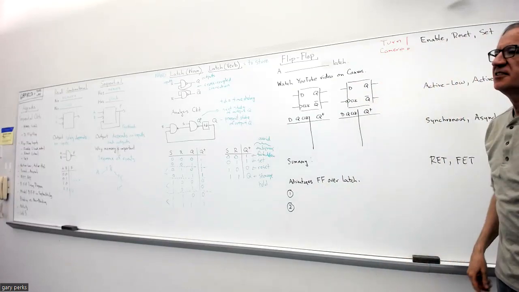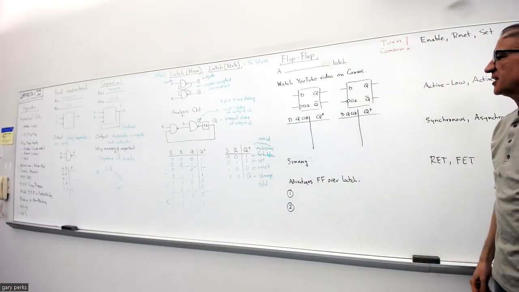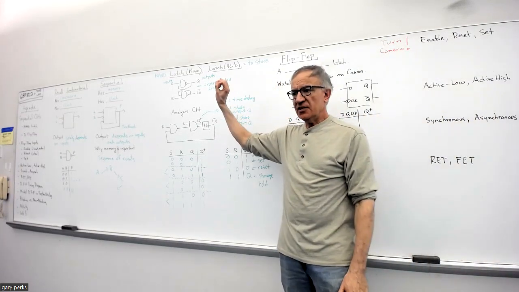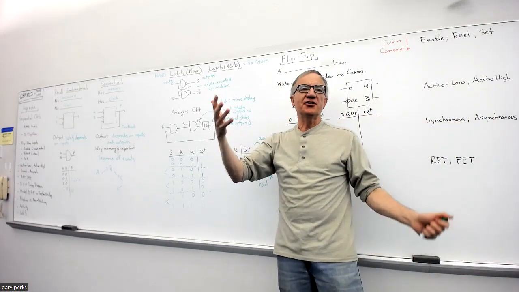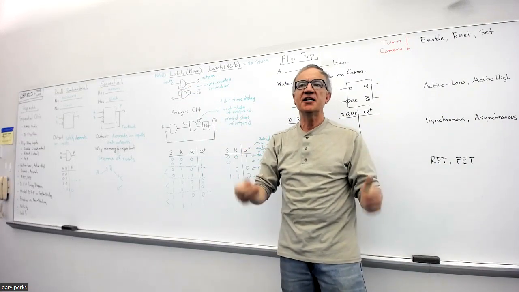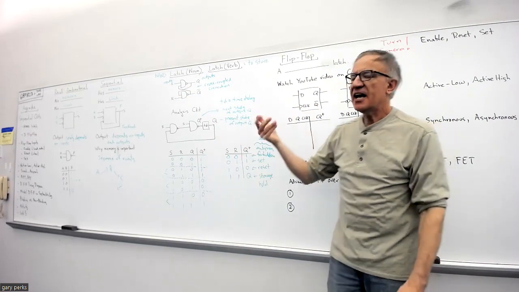Okay, so I think it's time to pick up here again. Like I said, the latch was the first logic circuitry that could store data, but it has some drawbacks.